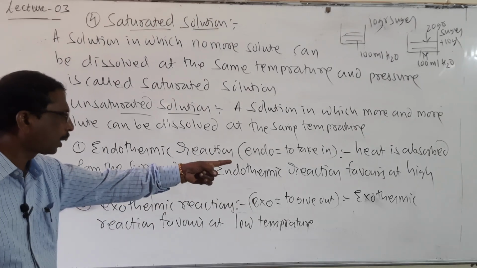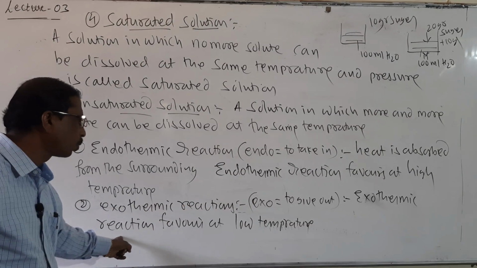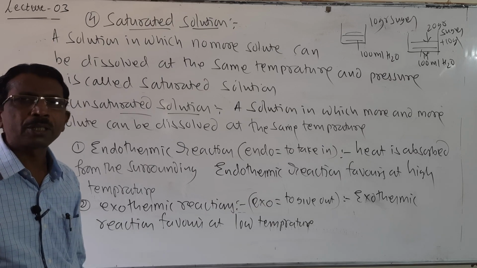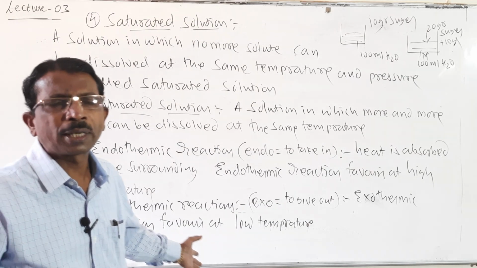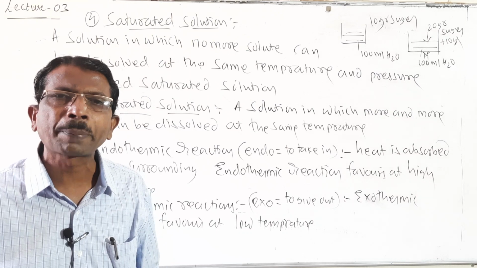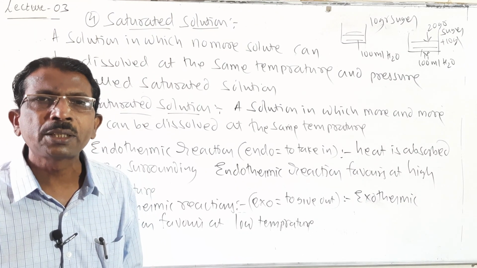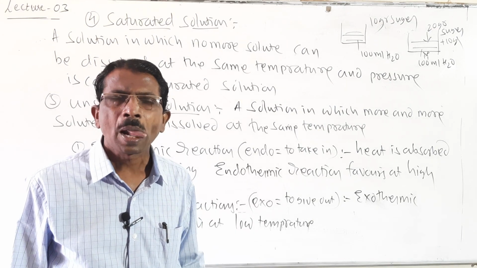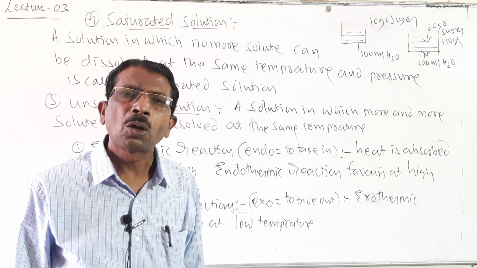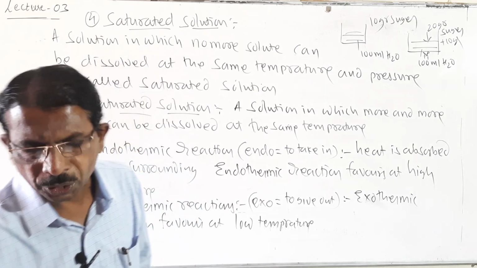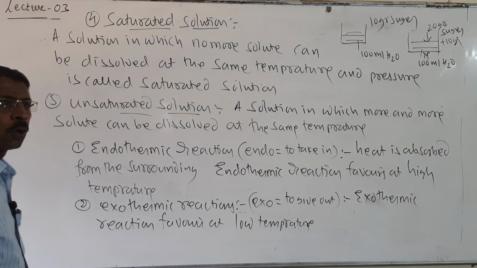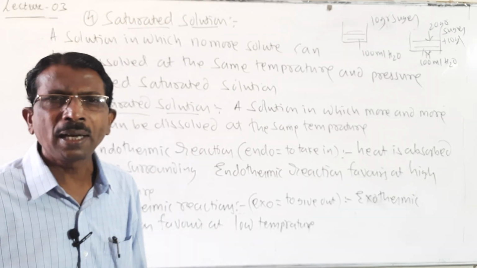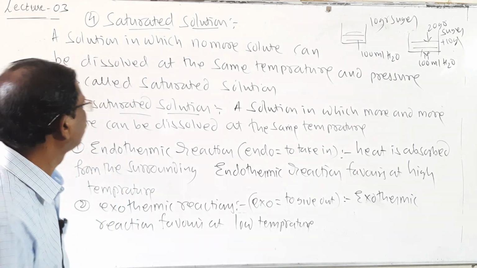So an endothermic reaction favors high temperature and an exothermic reaction favors low temperature. As you studied in PUC first year, that is the Le Chatelier principle. According to the Le Chatelier principle, an endothermic reaction favors high temperature and an exothermic reaction favors low temperature. So remember this, students. Now, what is the effect of temperature and what is the effect of pressure?